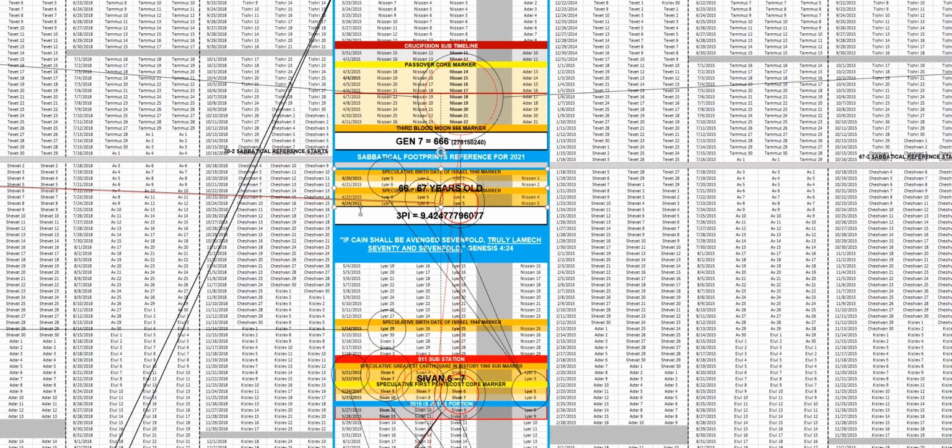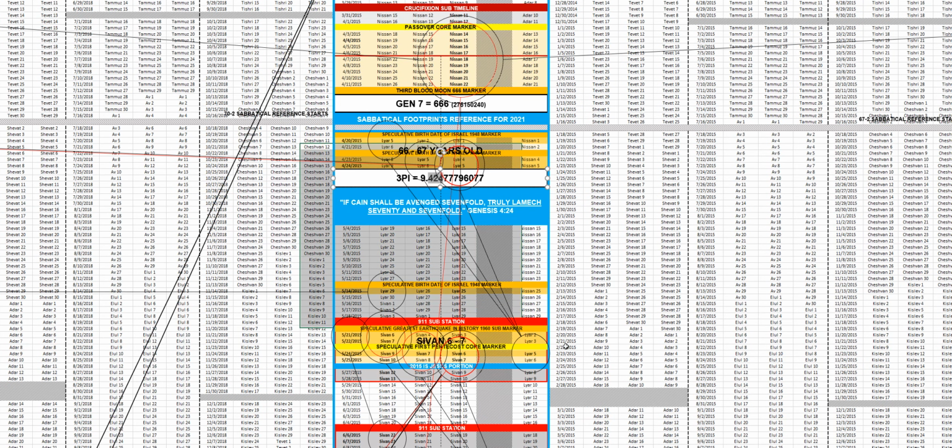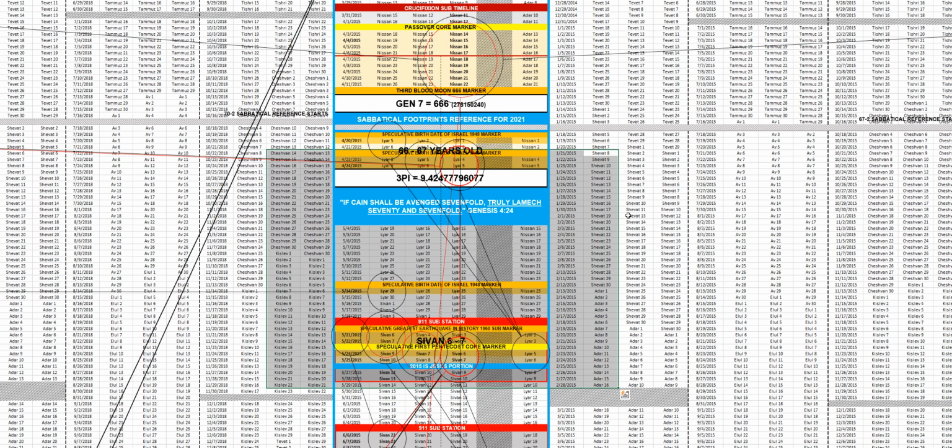The code 424, in accordance to 3 pi, confirms this date as the one that we must use. It actually is Genesis chapter 4:24. I'm cutting short right here. I'm going to stop here.